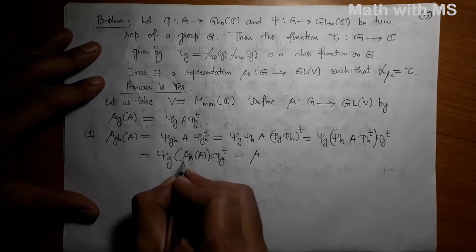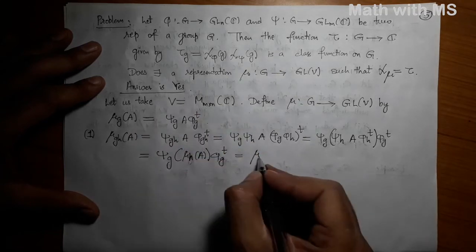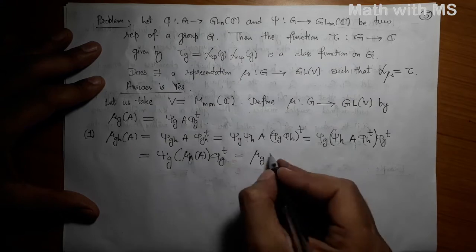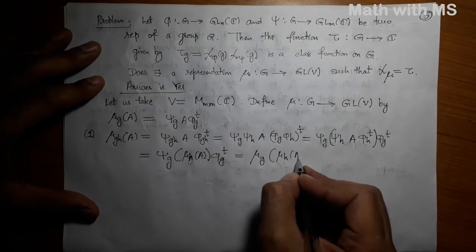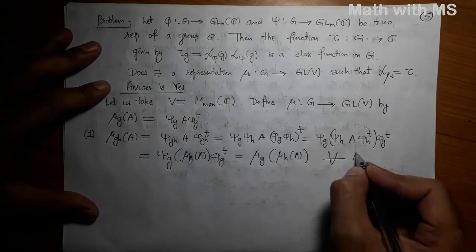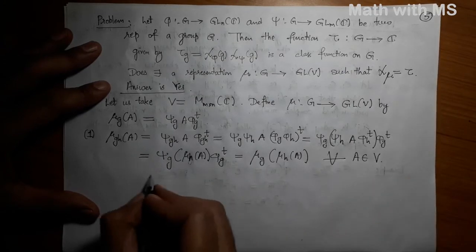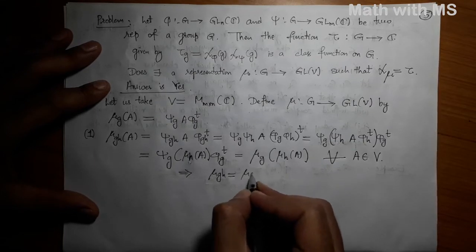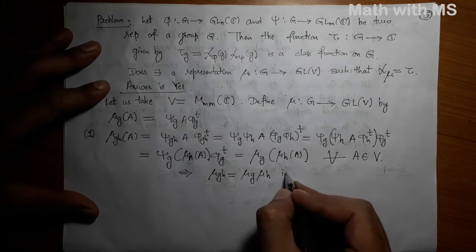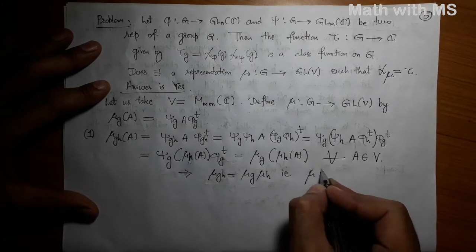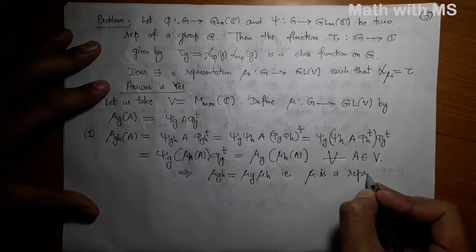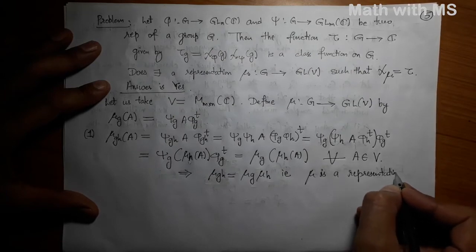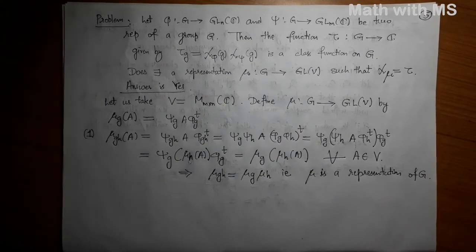So if I view this psi(h) A phi(h) transpose as an element in V, then this is just the same as mu of g acting on this element, that is mu of g acting on mu of h acting on A, and this happens for all A in V. This implies that as functions, mu of gh is the same as mu of g times mu of h, that is, mu is a representation, a homomorphism. Okay, so we have got a representation of the group G.